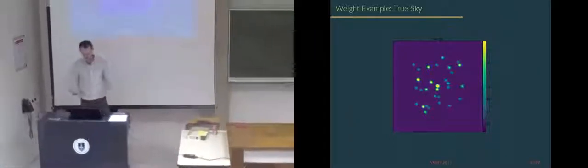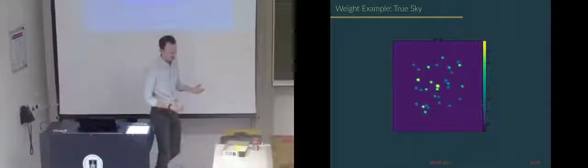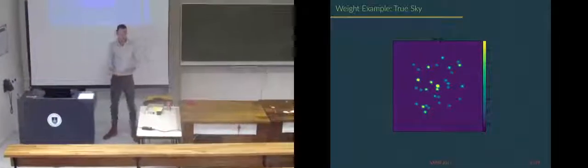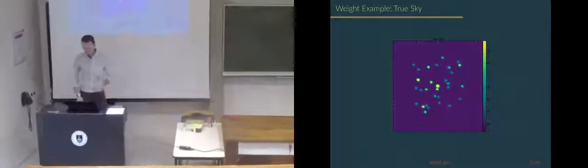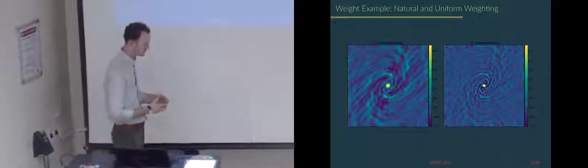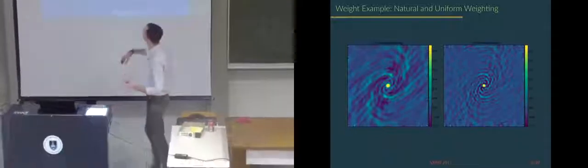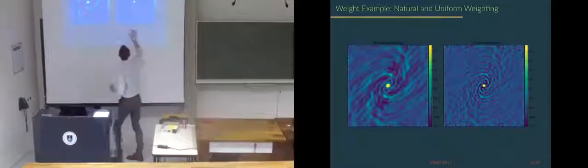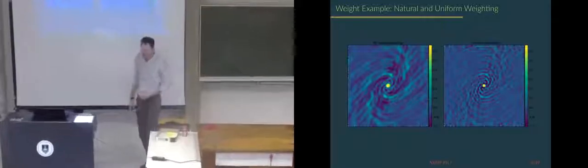Now, if you were to use something like Cat 7 and apply different weighting functions, you produce different PSFs. Just remember that the PSF is the Fourier transform of a component that includes a density function. So for natural weighting, you produce this type of PSF versus uniform. They're on the same scale.